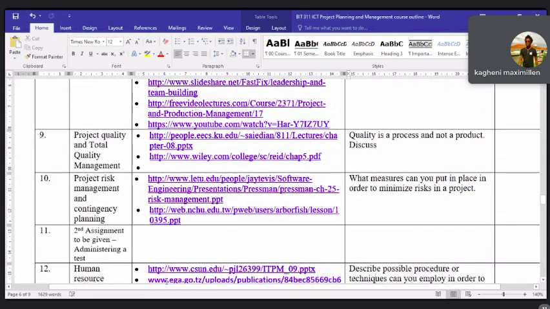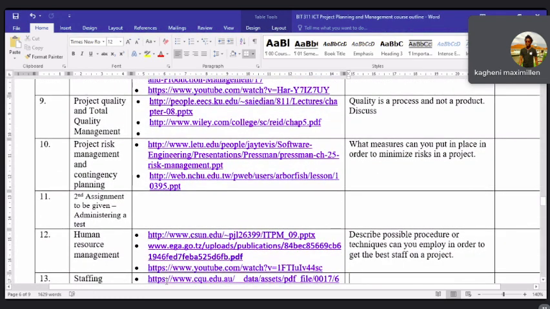Project quality and total quality management. Quality is a process and not a product. Discuss. Quality management.